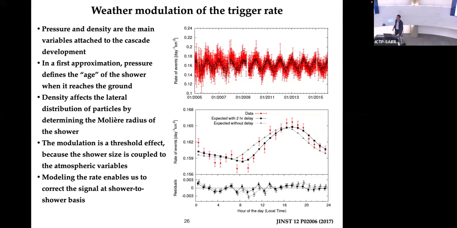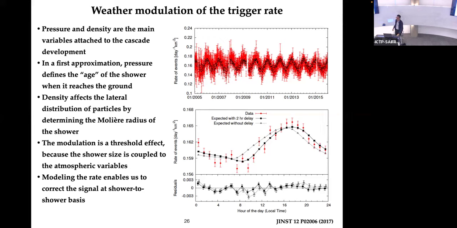And also there's a day-night effect. Showers during the day are slightly bigger than during the night. So you have a day-night effect on top of a summer-winter effect. And that modulates our trigger efficiency in the way I'm showing here. This is the normalized rate in cosmic rays per day per square kilometer as a function of time. And you can clearly see that our trigger rate is modulated.